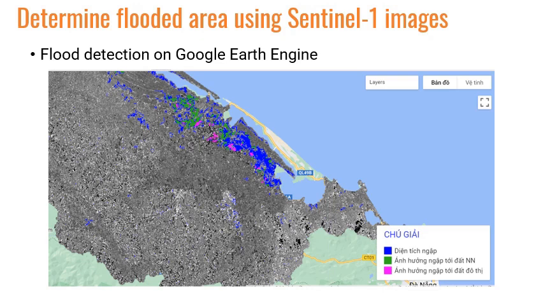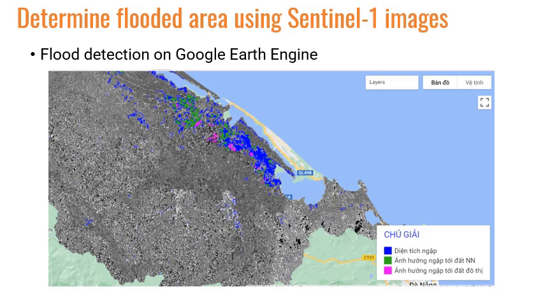So you see here the Hue city around here, and in 2020 they had a big flood in this area. So to detect the flood area, I just very simply take the before and after image and make the subtraction between two images, and we can detect the flood area.